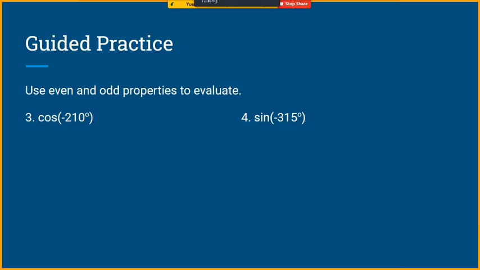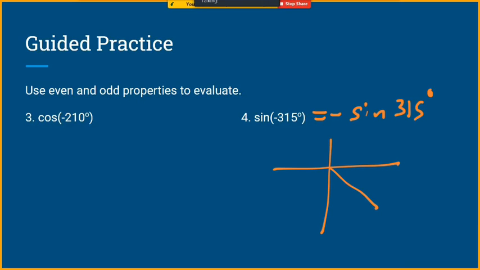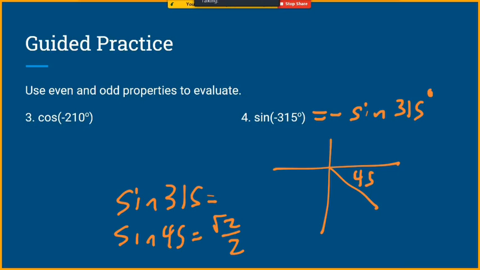Okay, with the sine of negative 315, you could rewrite this as negative the sine of positive 315. So if you were doing the sine of 315, that's a 45-degree reference angle. So the sine of 315 is equal to the sine of 45. Well, they have the same absolute value. They're not equal. So the sine of 45 is root 2 over 2.